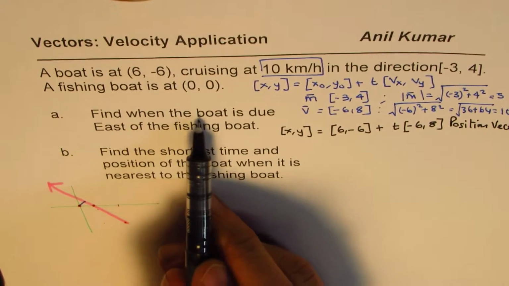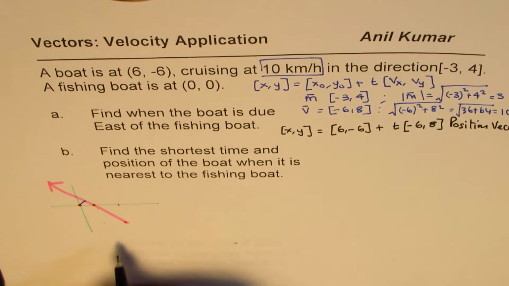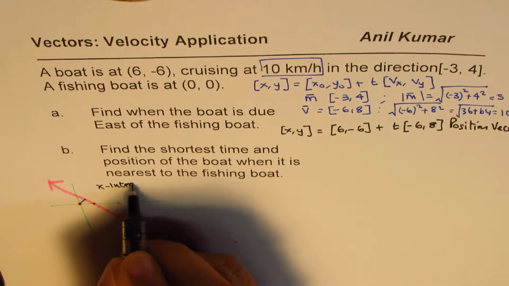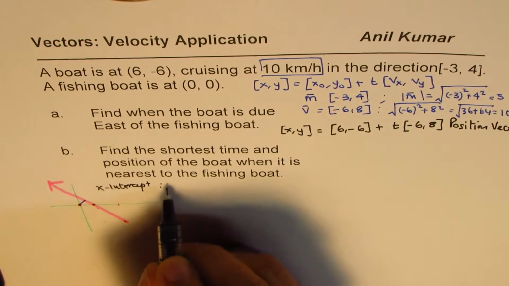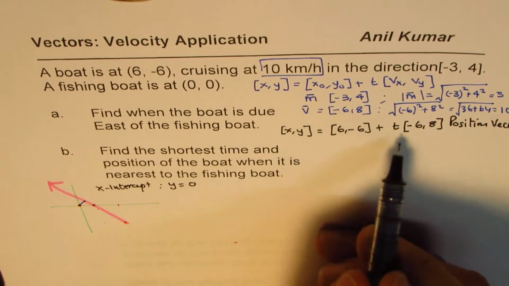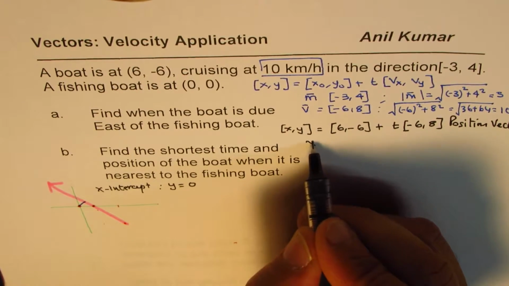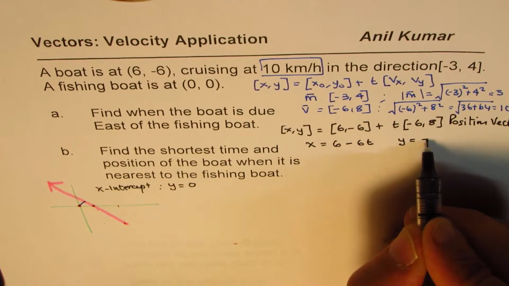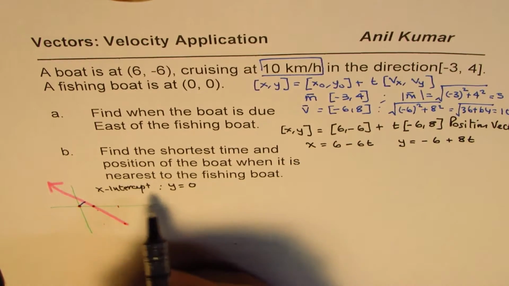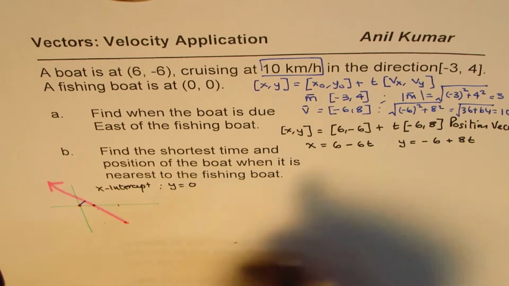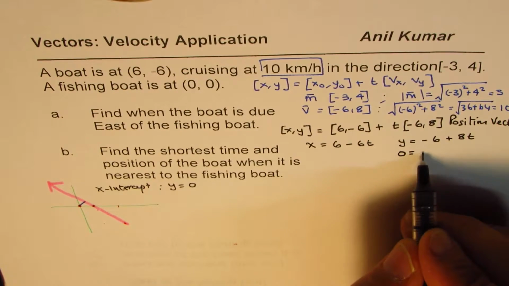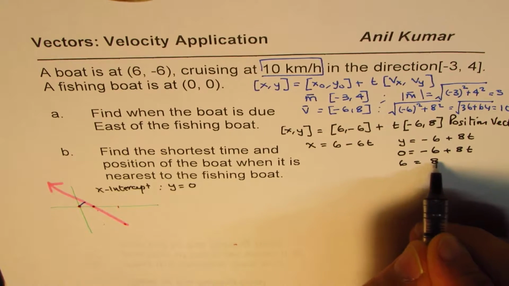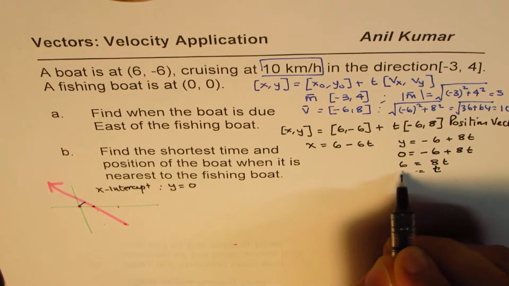Find when the boat is due east of the fishing boat. So we want the x-intercept. This point is the x-intercept, so at the x-intercept, y equals 0. This equation can be written in parametric form: x is 6 minus 6t and y is minus 6 plus 8t. Now we want the x-intercept, that means y is 0. So minus 6 plus 8t equals 0, and solving this, we get 6 equals 8t, or t equals 6 over 8.